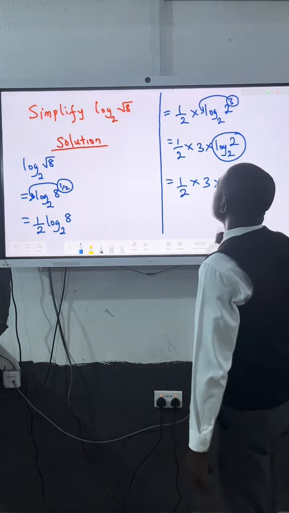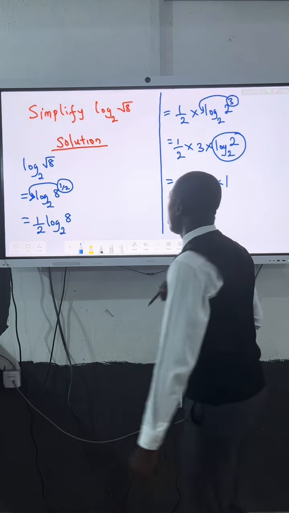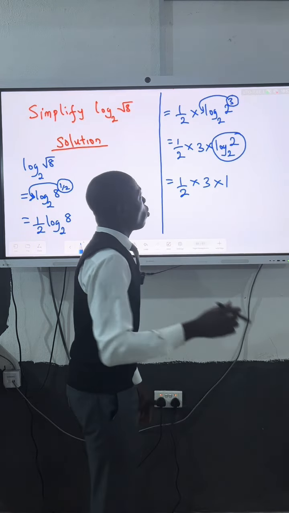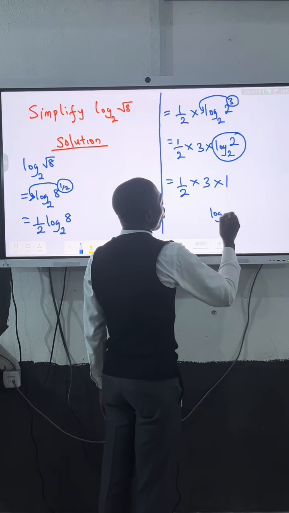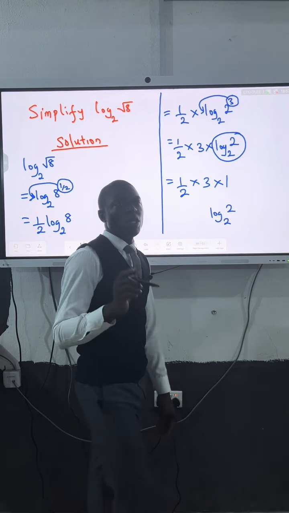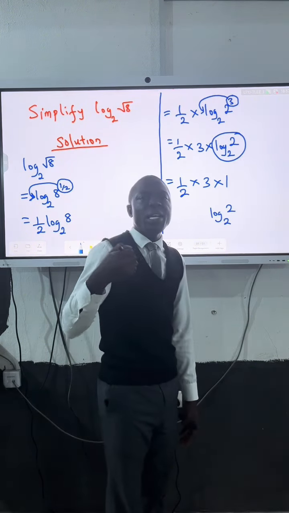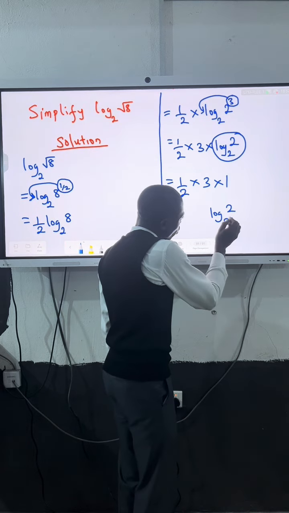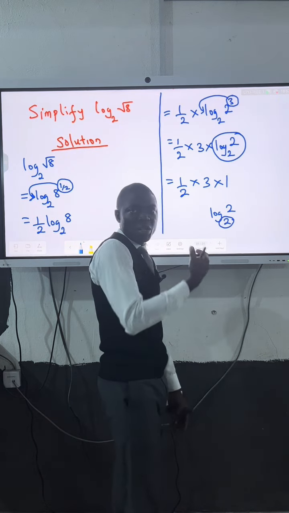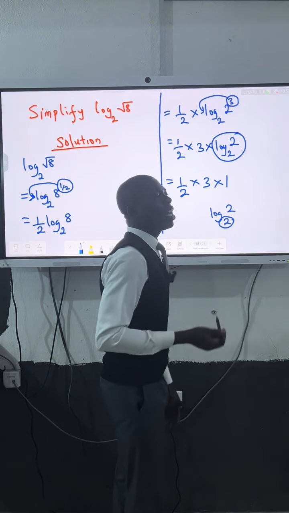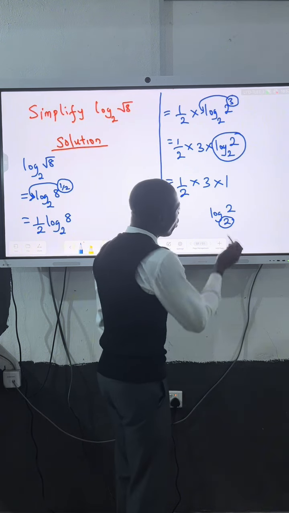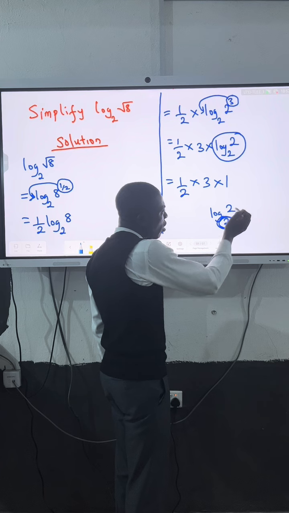Now, why is this thing 1? Why is any log to its own base 1? If you have log 2 to the base of 2, the most important thing in logarithm is the base. This 2 here, the small one written as a subscript, is the base. Logarithm is saying, what number will you raise the base to that will give you this 2?